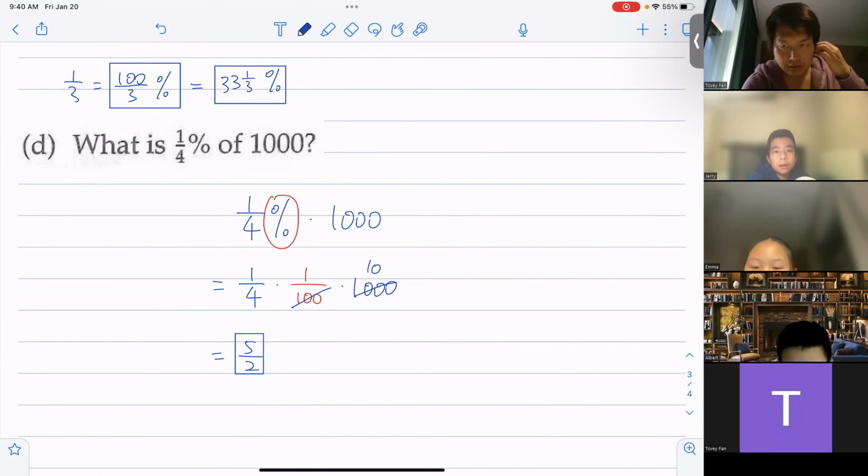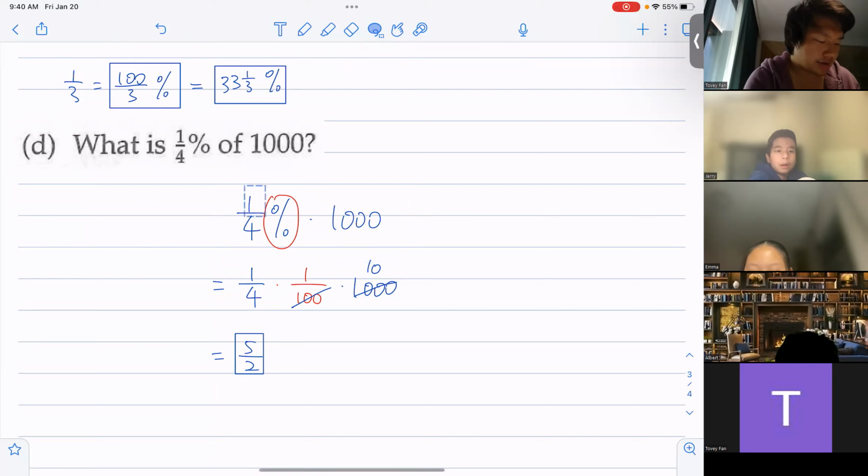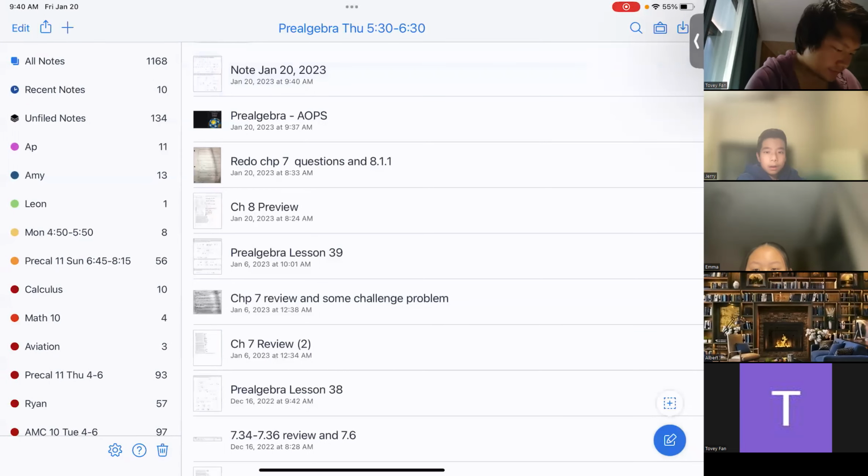I remember in Jerry's homework, and also Albert, I'm not sure if I'm correct, but I remember you also have a similar problem. You got the question wrong because you were doing 4 instead of 1/4. So make sure you put all the numbers correctly.